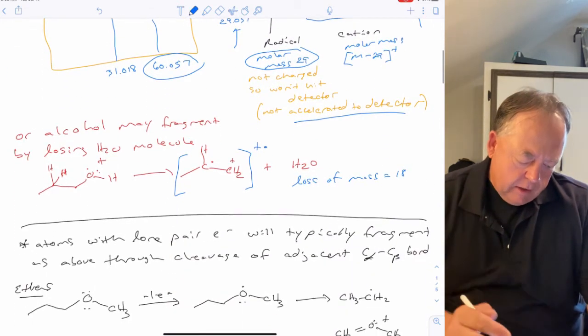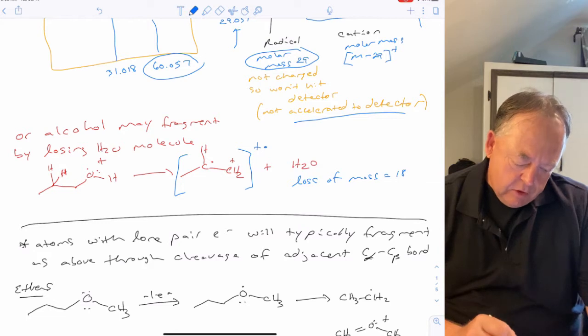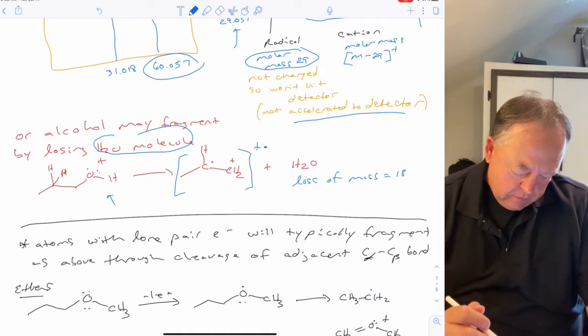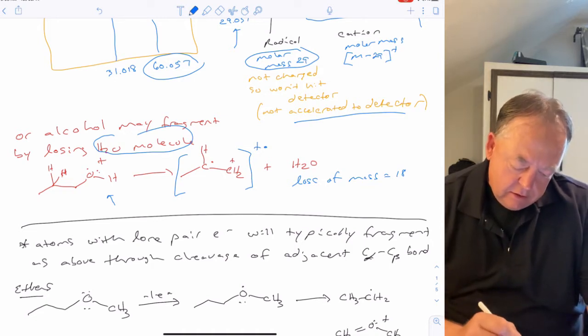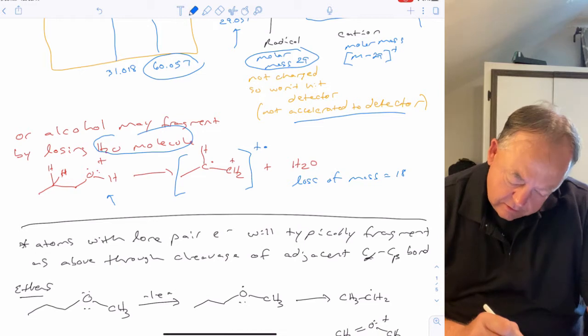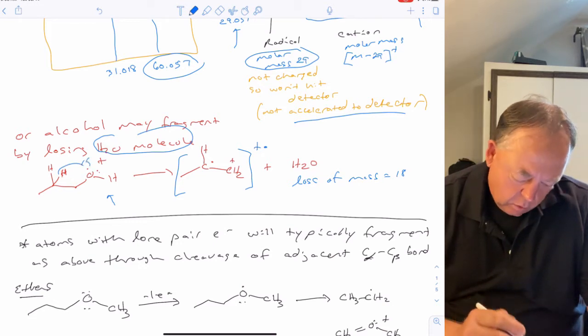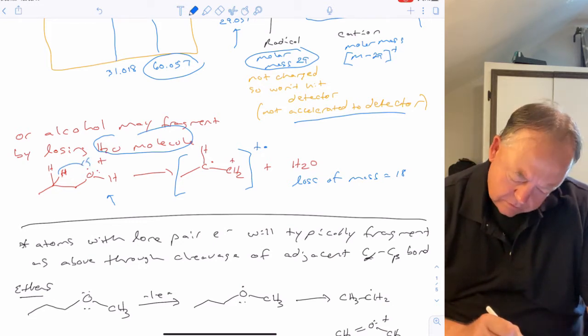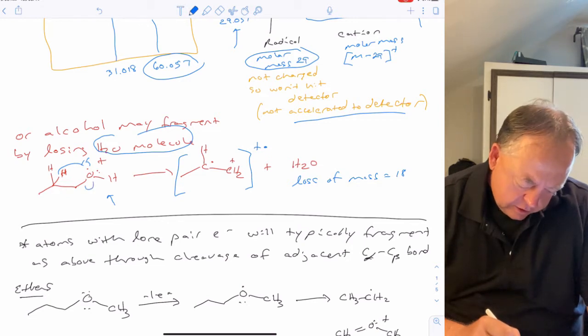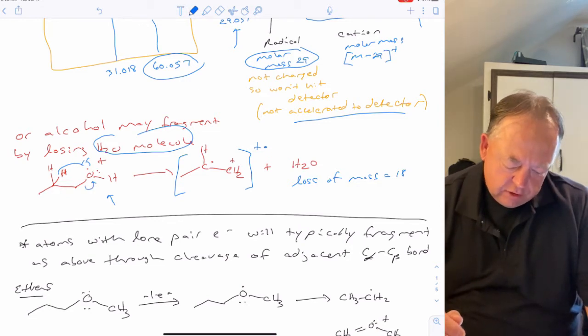Alcohols may also fragment by losing a small molecule, by losing water. So if you've knocked an electron off of oxygen, it can fragment. Basically that oxygen picks up a hydrogen to form your water molecule, and then oxygen leaves and takes those two electrons with it.